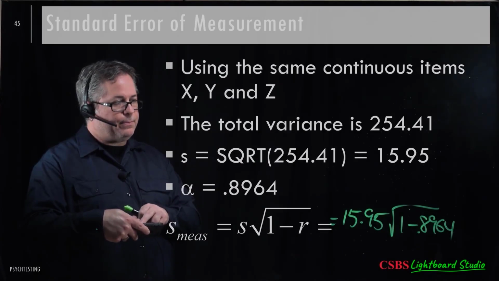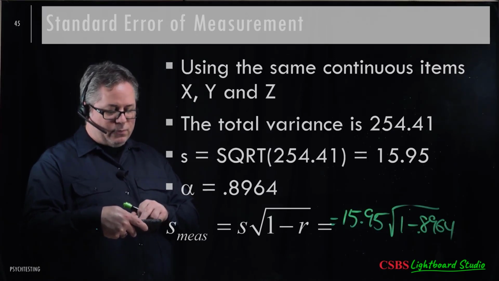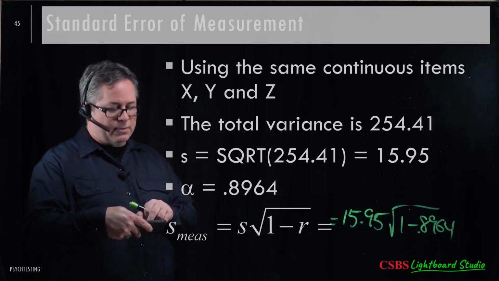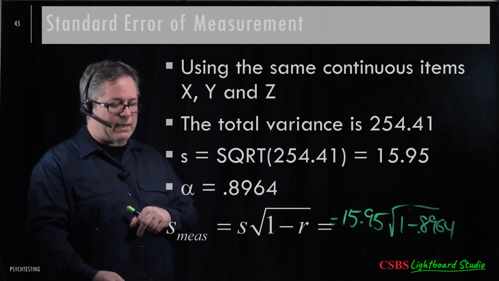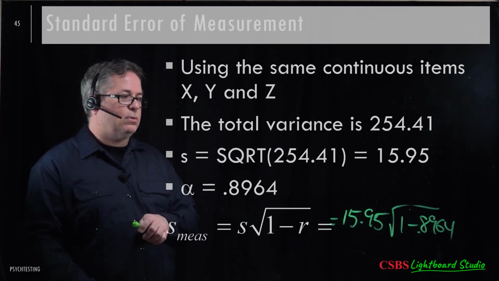Wait, I screwed something up. Why did I just get a completely different number? I did it twice. I got 5.134.